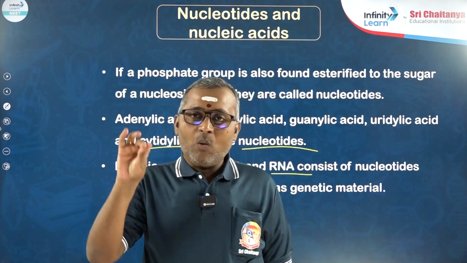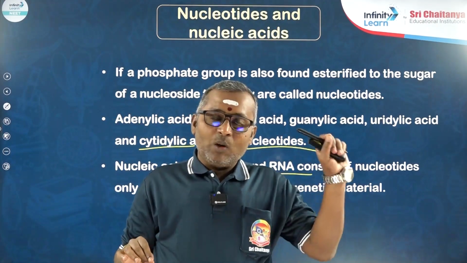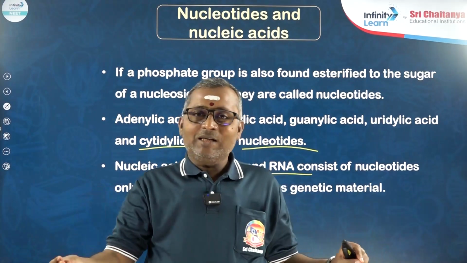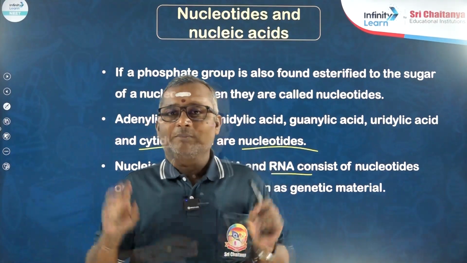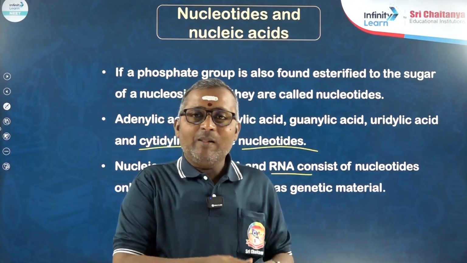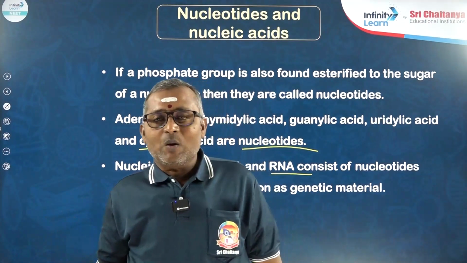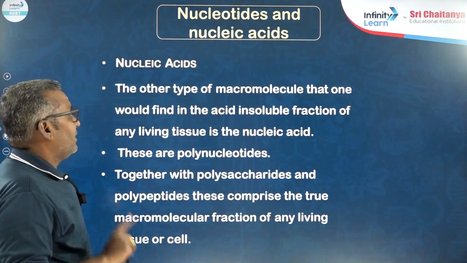Uracil is present only in RNA. Thymine is present only in DNA. Uracil is not seen in DNA. Thymine is not seen in RNA. Among the pentose sugars, deoxyribose sugar is present in DNA. Ribose sugar is present in RNA. That is the difference between these two.